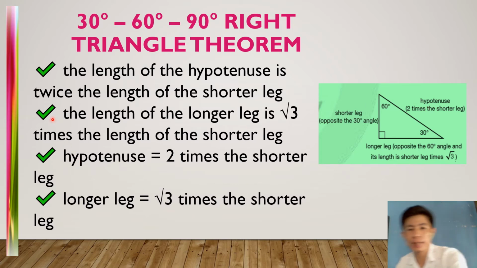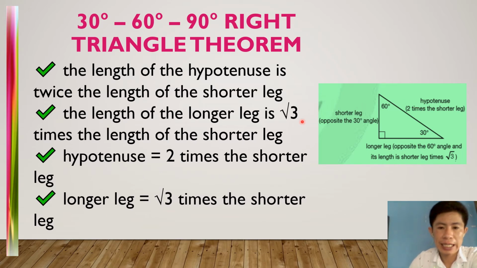Okay, ganun lang siya. Next, the length of the longer leg is the square root of 3 times the length of the shorter leg. Let's give an example. For example, the hypotenuse is 20 centimeters. The shorter leg is 10 centimeters, kalahati ng hypotenuse.